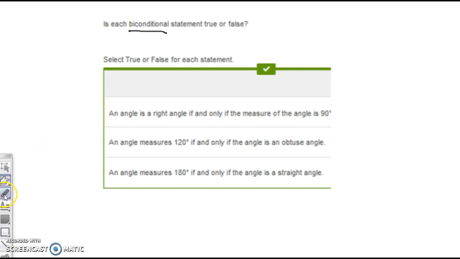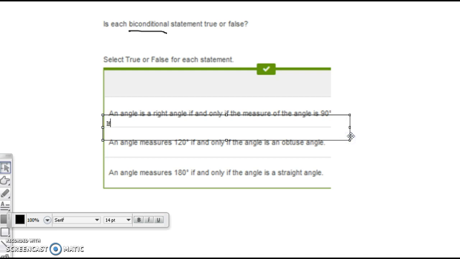So what we're going to do is pretend like it didn't say if and only if, and we're just going to type out the statement. If an angle is a right angle, then the measure is 90 degrees. That's the statement, and that's true.